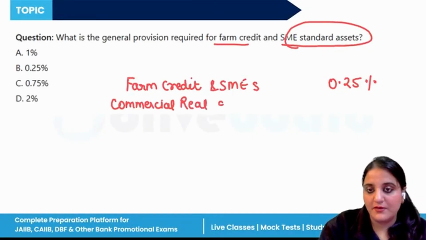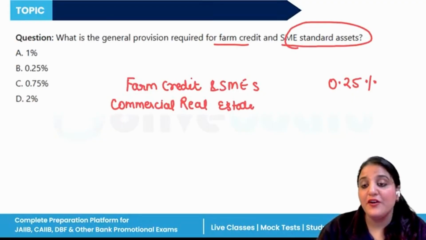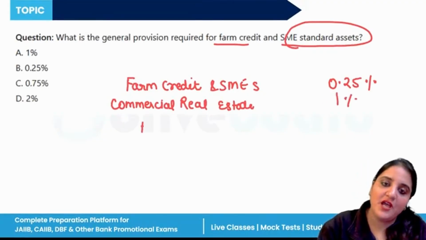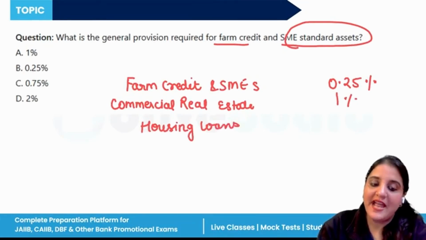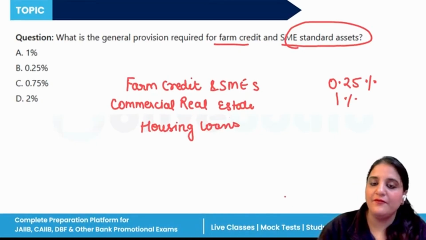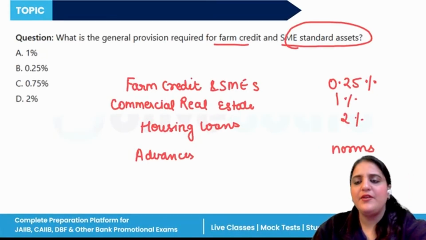For commercial real estate, the provision must be 1%. And for housing loans, the provision must be 2%. And for any other advances, it must be according to the prudential norms, right?